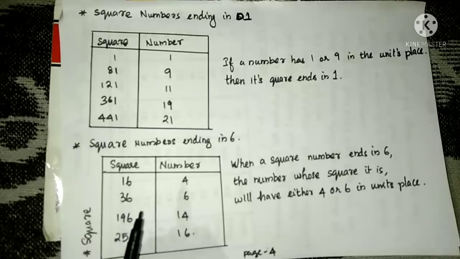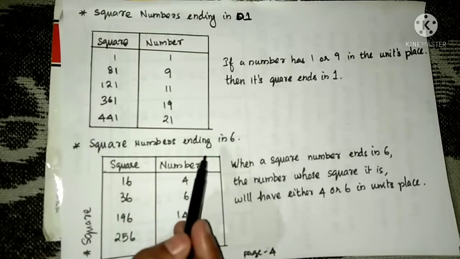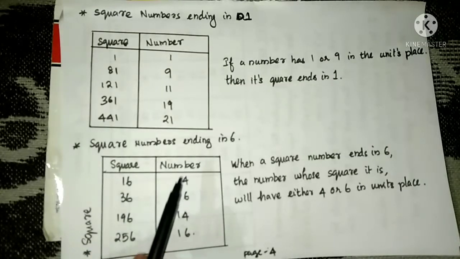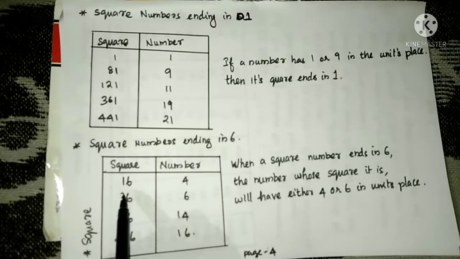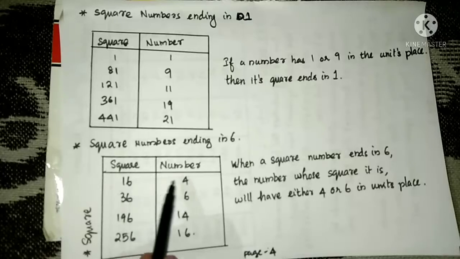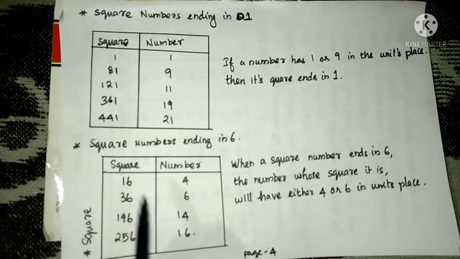Let us consider the square numbers ending in 6. Look at the first column, the square is given, and the second column is the number which gives the square number. 4 squared is 16. If you observe, all these numbers 4, 6, 14 and 16 have squares ending with 6.